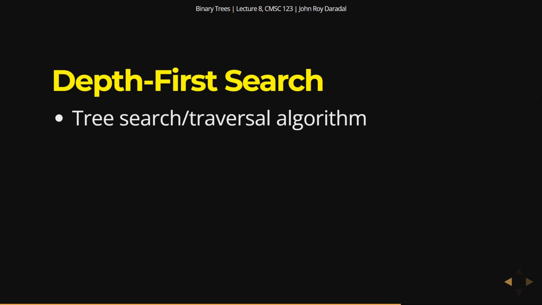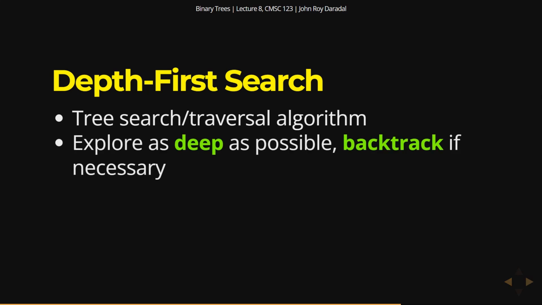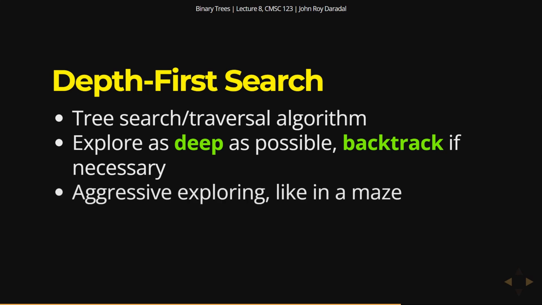Now the other one is called depth first search, or DFS. It's also a tree search and traversal algorithm, but this time you explore as deep as possible. Once you reach a dead end, you backtrack, but only if necessary. As long as you can still go down, you go further to the bottommost layer. It's very aggressive in exploring, like in a maze.